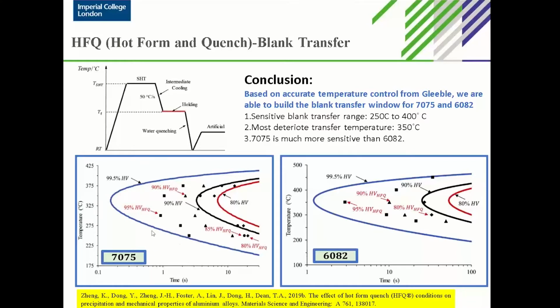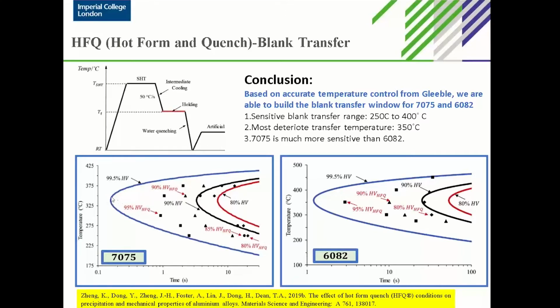What we can see is that lengthening the holding time of the material will reduce the final mechanical properties of the part. So the conclusion is that, based on accurate temperature control from Gleeble, we are able to build the blank transfer window for 7075 and 6082, which could give indication for the industry on how to select the best transferring temperature and time for their components.